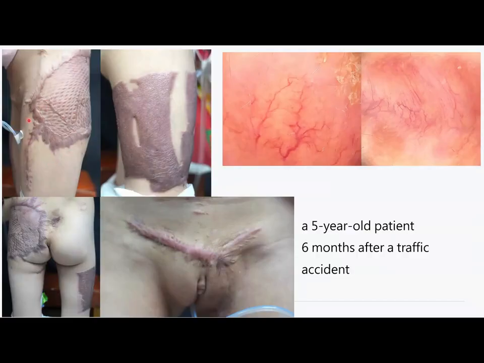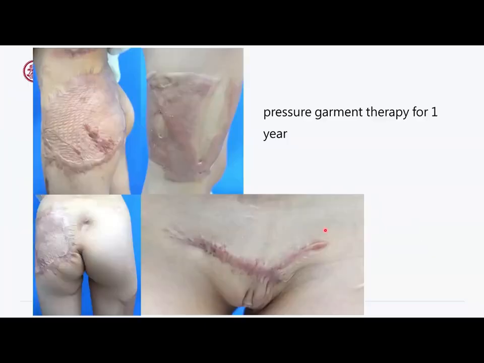For us, as very professional scar management surgeons, from the beginning we will do a lot of work to stop the scar from increasing and growing faster and becoming more severe. This is just an example.